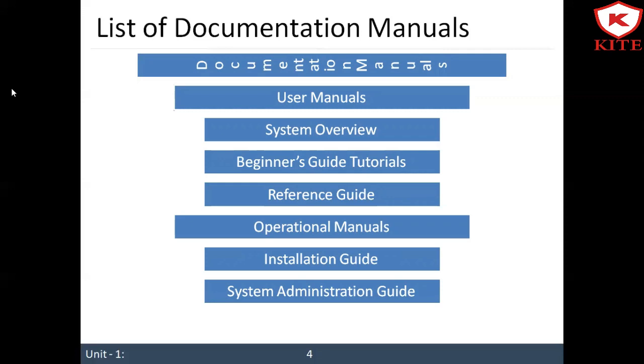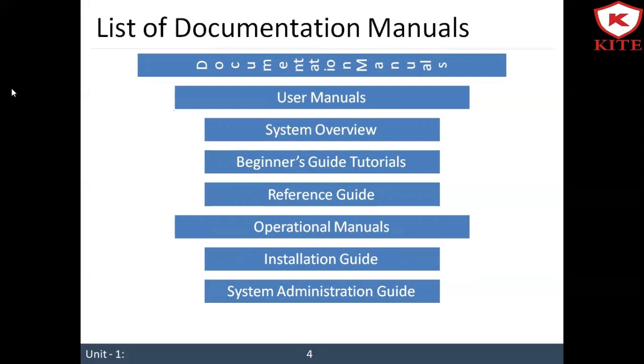Next is system overview: how the system is operated, how the system will work. All the detailed information about the system working is contained in the system overview. Next is beginner's guide tutorials. If the client has any problems in operating a software, then they come to the tutorials and they know how to operate the software.